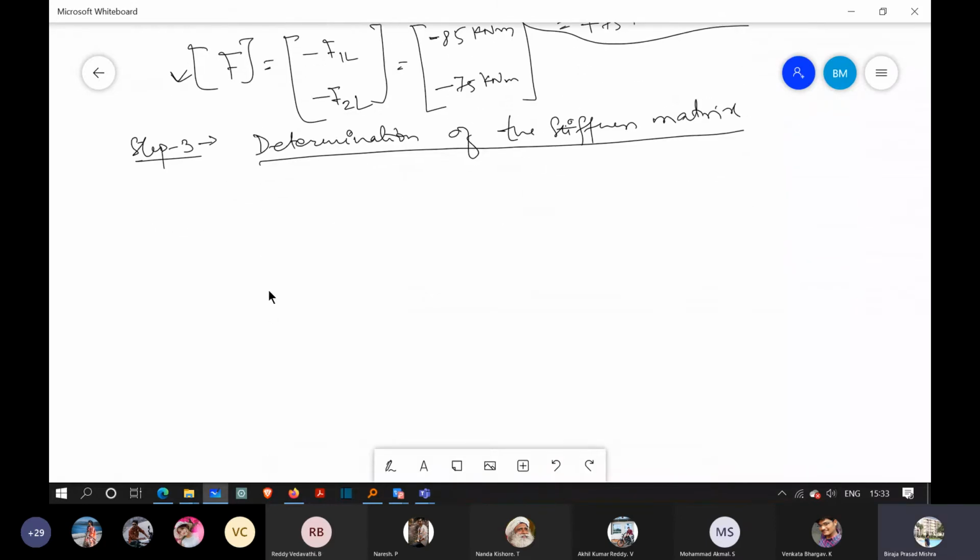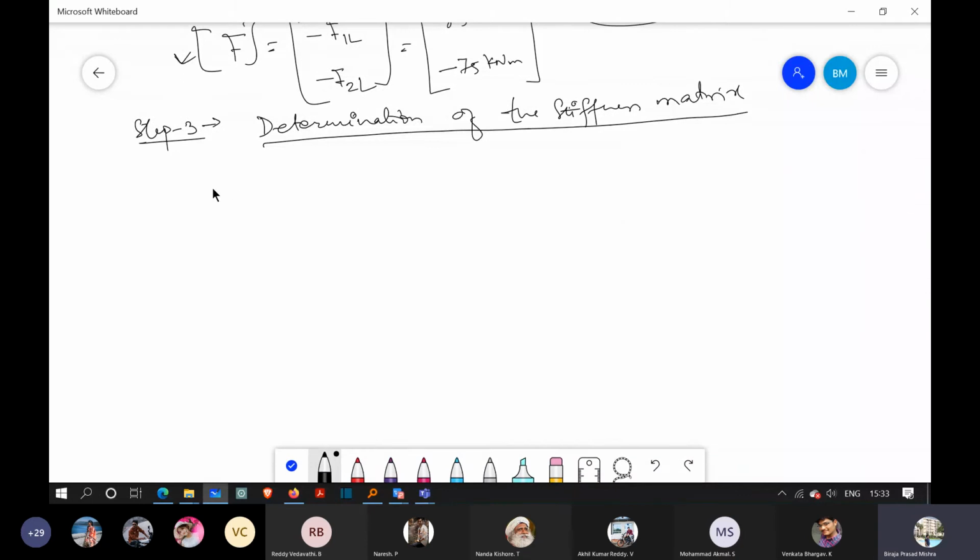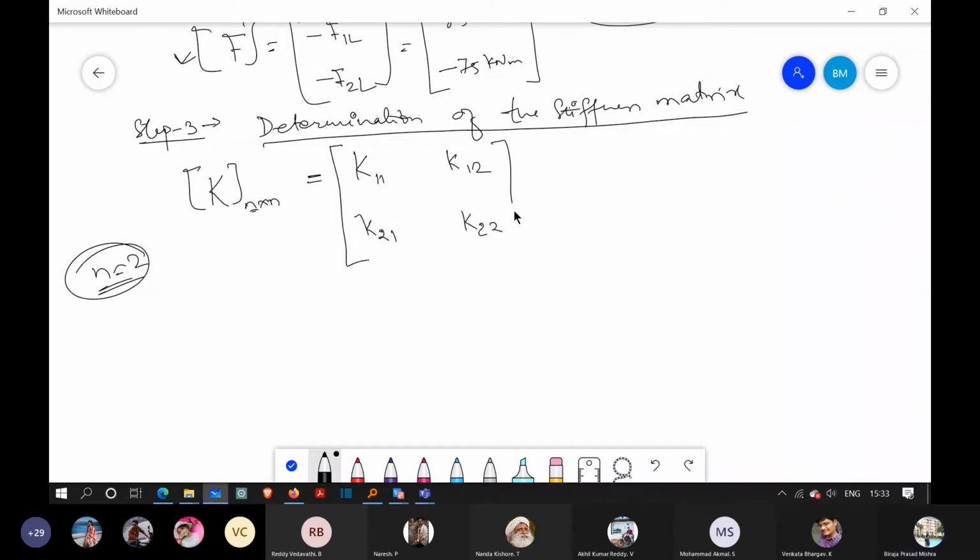Remember that the size of K is n cross n. How much is n? N equals 2, we got it as the degree of kinematic indeterminacy. So this is K11, K12, K21, K22. You may ask, sir, what is K11?